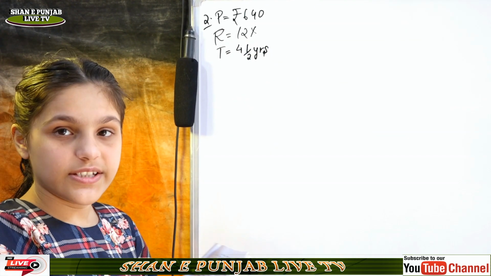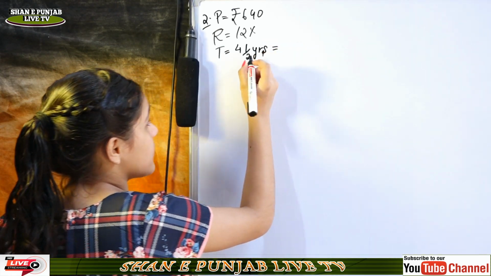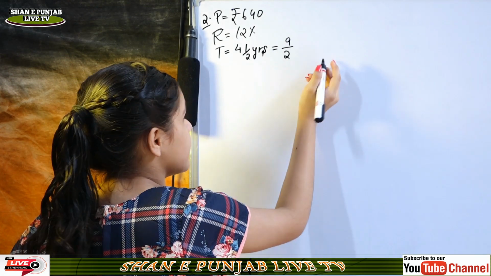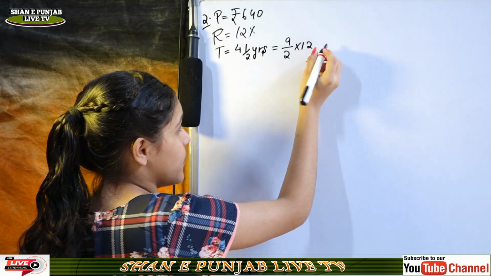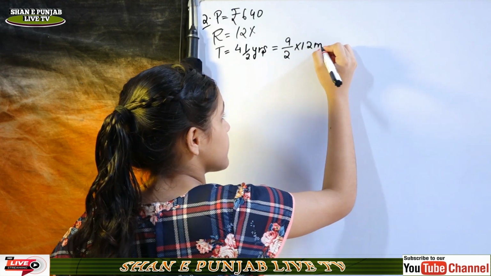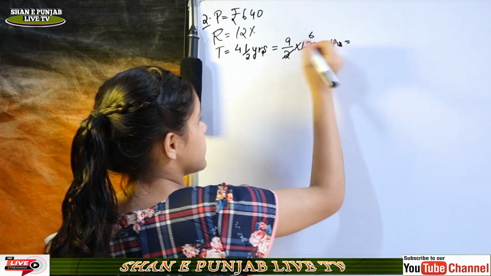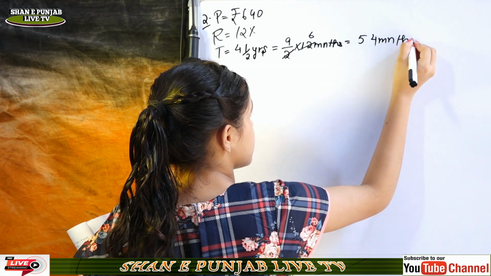Firstly, we have to change years into months. For that, solve this mixed fraction. After solving, we get 9 by 2. Now multiply this with 12 because we want in months. 2 ones are 12, 6 are 9, 6 are 54 months.